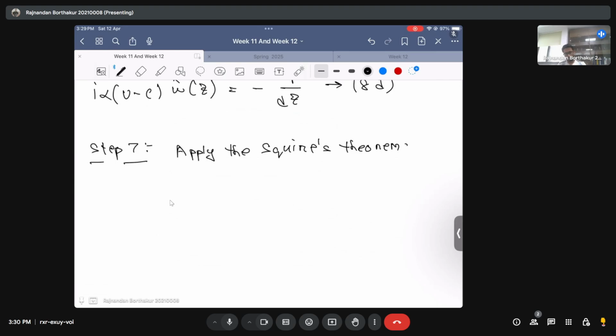What Squire's theorem says is that for inviscid flows, but I'll write in brackets that it can be extended to viscous flows.